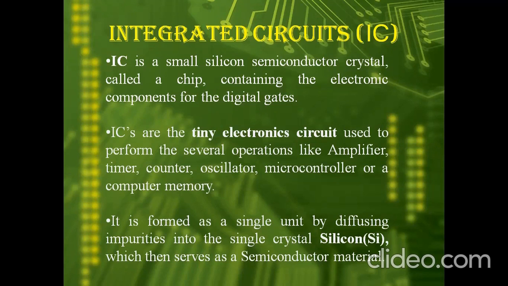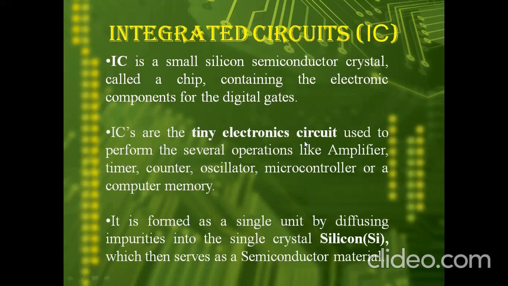When we give 5 volts or 12 volts, it acts like a conductor. That is why it is known as a semiconductor. And all semiconductor devices are made of silicon, which is very low cost and easily available in large quantity.